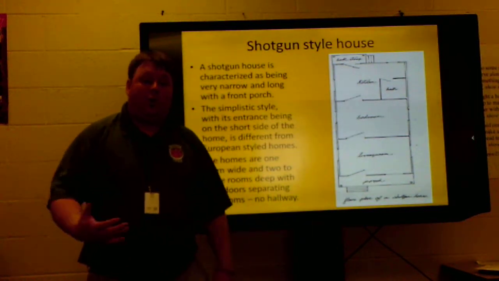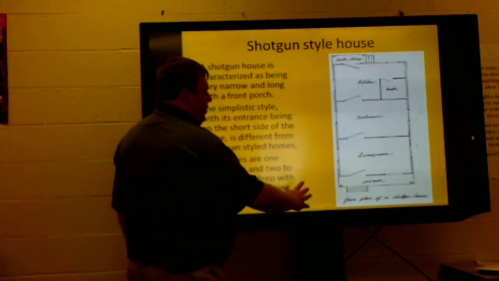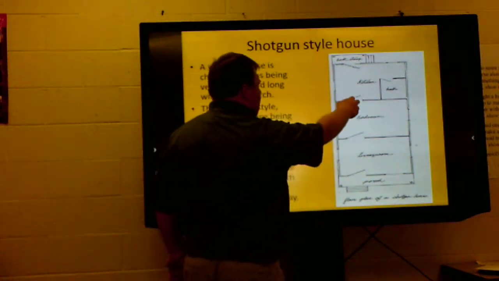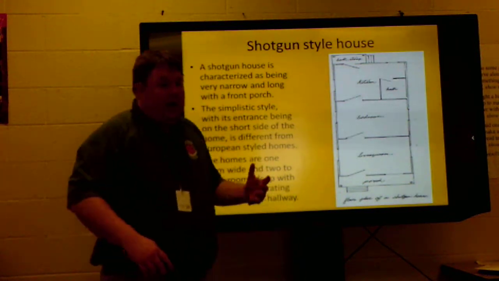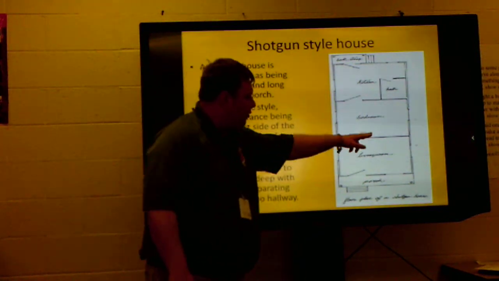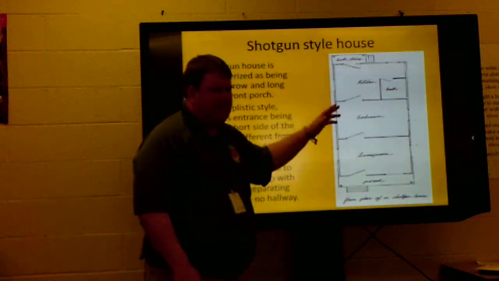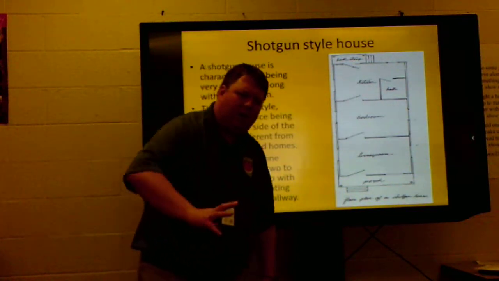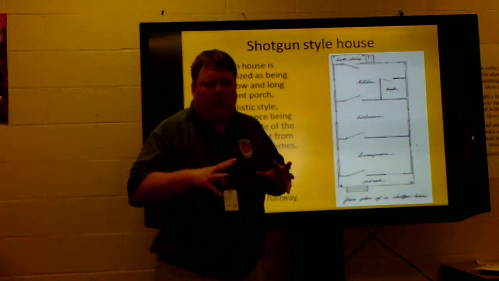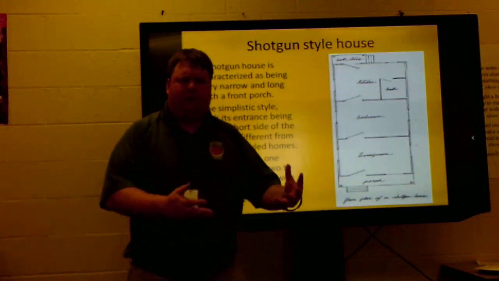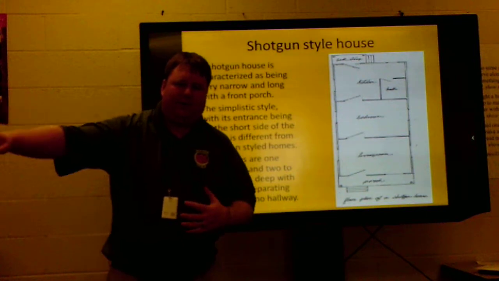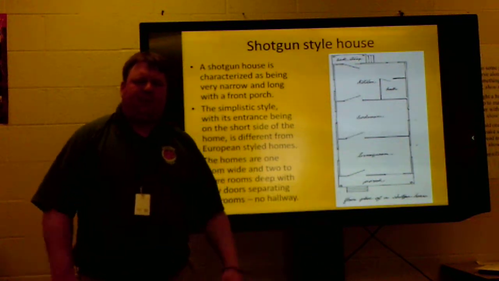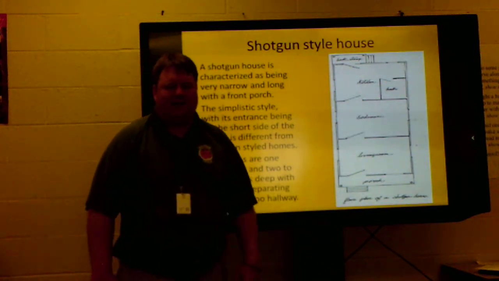So to keep it cool, you just open the doors all the way through the house, and the breeze would blow through and give a natural cool. Now, if it had a door open here and a door open there and it was kind of zigzag like that, it would be hard for the air to flow through. So instead, they keep all the doors on one side so that the breeze can blow right through the house and keep everyone cool, because we all know it's hot in the South.